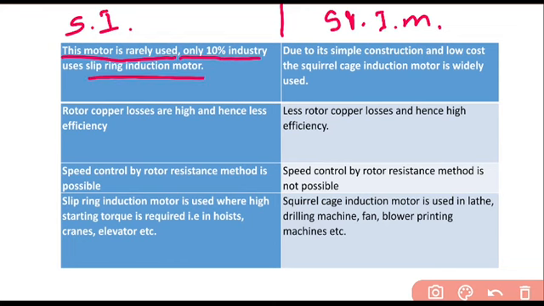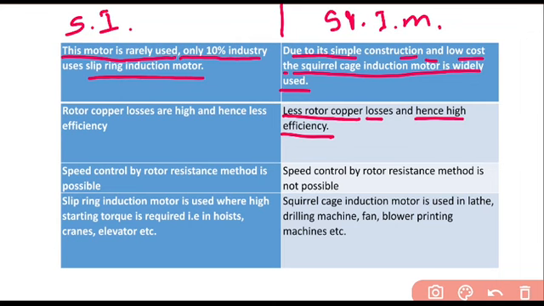In the squirrel cage induction motor, due to its simple construction and low cost, it is widely used. In the slip ring induction motor, rotor copper losses are high and hence efficiency is less, while in the squirrel cage induction motor, rotor copper losses are less and so the efficiency is higher.